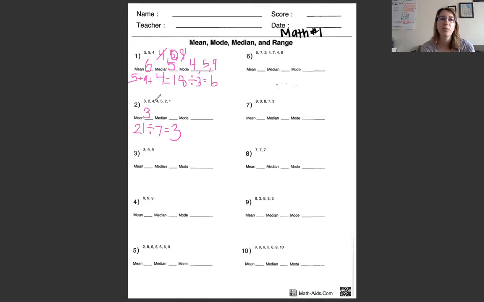Now, we're going to rewrite these numbers from least to greatest in order to find our median. So we're going to start with 1, then 2, there's another 2. I hate writing 2s on this thing. There's a 3, there's 2 4s, put a comma between, and then a 5.